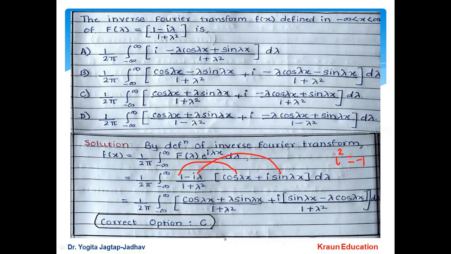Real into real and imaginary into imaginary gives us the real part. Now the remaining part, when we multiply real part with imaginary part and imaginary part with real part, we get I common and this kind of arrangement. Therefore, when we compare this with the given options, the correct option is C option.